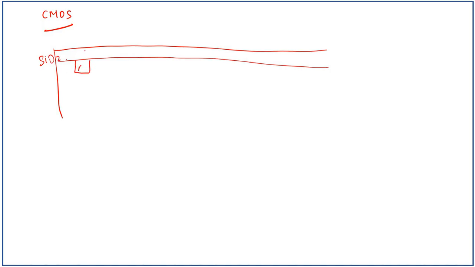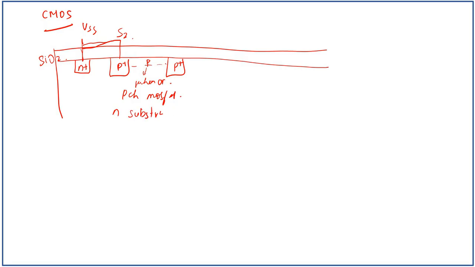We have an N plus region and a connection VSS, a P plus region, the connection source 2, and then the P channel here and a P plus region. So this is a P channel MOSFET, P channel when on, and it has an N type substrate in this place.